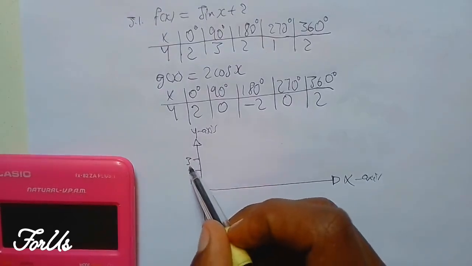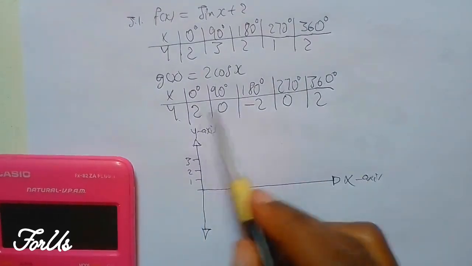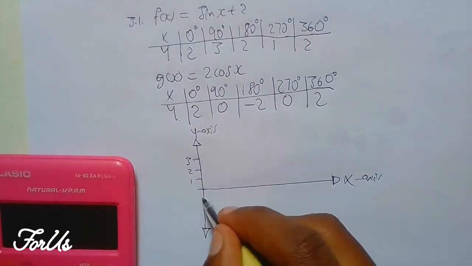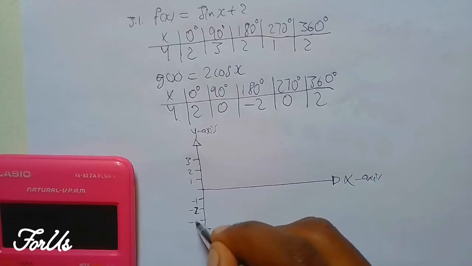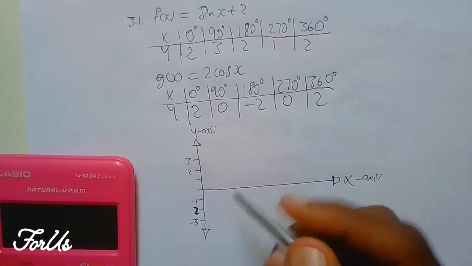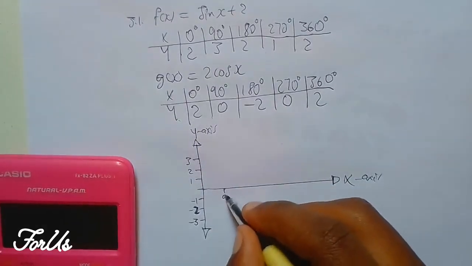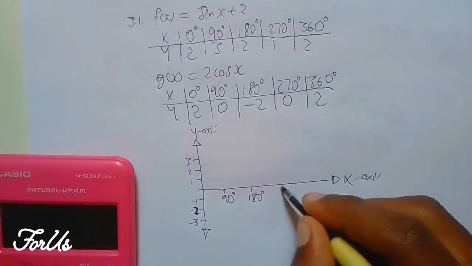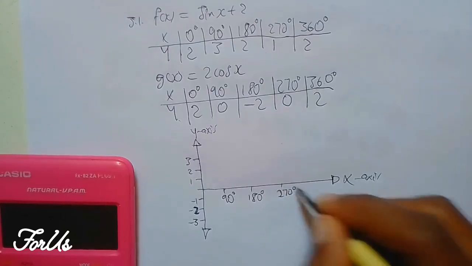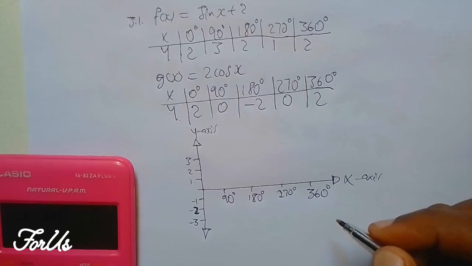I'm going to end with 3 as the highest number, because if you can see on the y numbers here, the highest is 3. Then here is going to be -1 all the way down to -3. This is -2. It's not really visible. Then you're going to have 90 here on the x-axis, 180, 270 and 360 degrees.